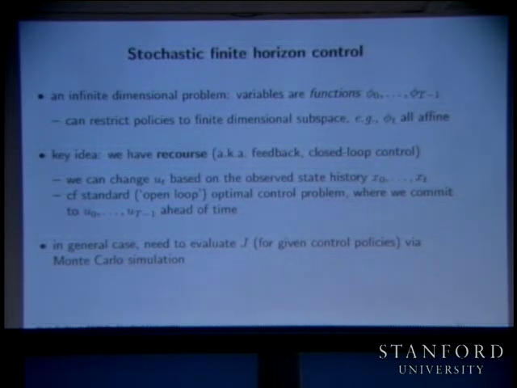So if you look at a standard optimal control problem, it says basically, here's the problem data. Please decide on what the input history should be to minimize some expected cost. That's a stochastic control problem, a stochastic optimization problem. So even if there are random variables in it, that's no problem. But that's still just an optimization problem.